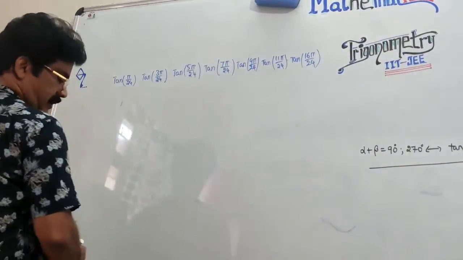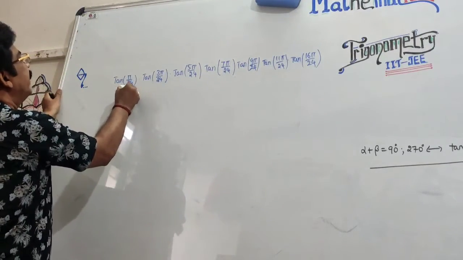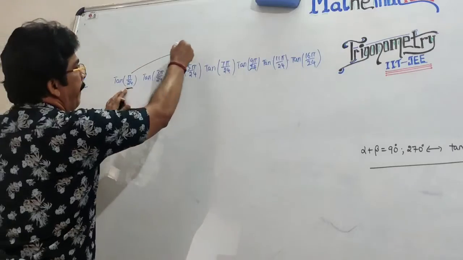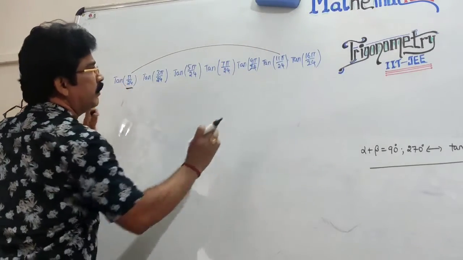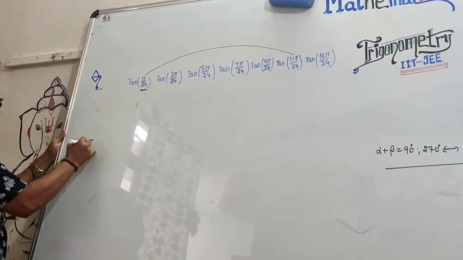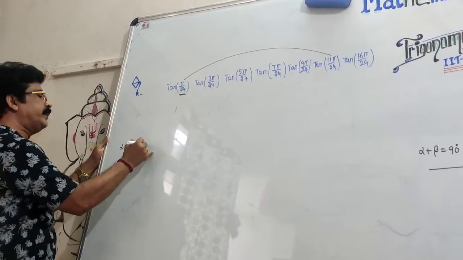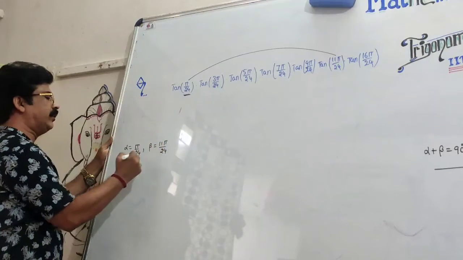So, you come here. Tan pi by 4, and you see these two angles, pi by 24 and 11 pi by 24. Alpha is equal to pi by 24, beta is equal to 11 pi by 24.